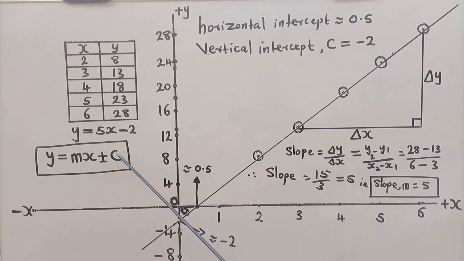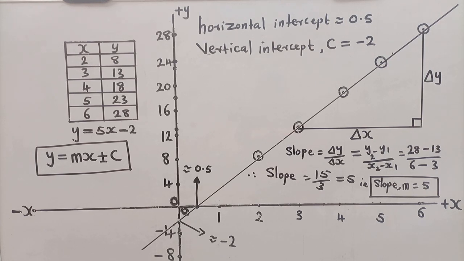Therefore, the slope from this sketch became 5, and its intercept still became minus 2. Therefore, this is more than a coincidence. We have observed something which appears to be consistent.